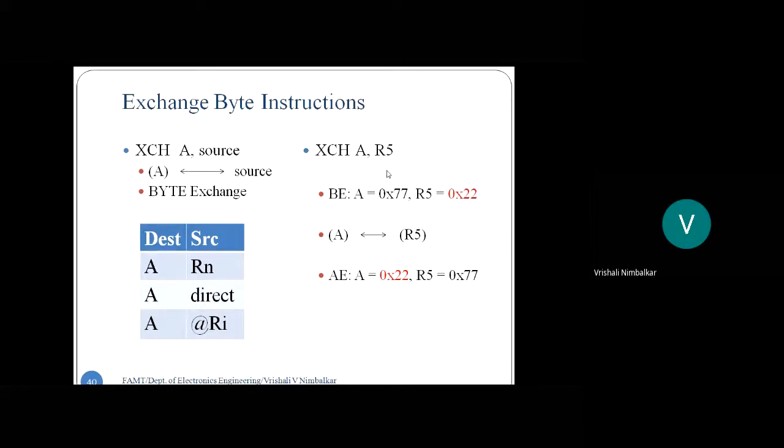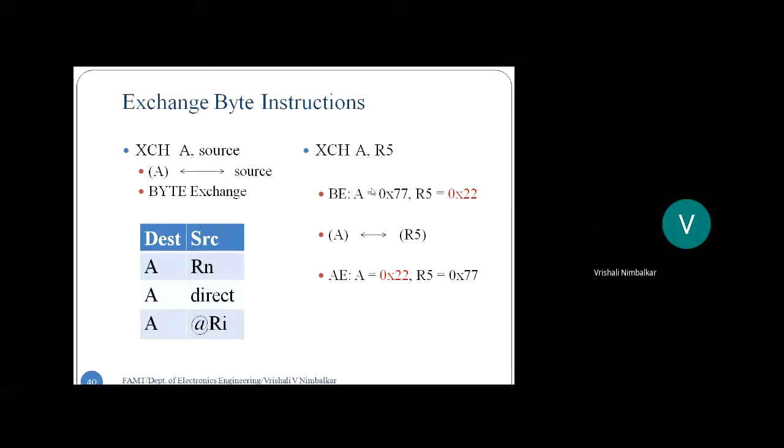Okay, so let us see one example. XCH A comma Rn. So I write a specific example. XCH A comma R5. That is, data from R5 and data from the accumulator are exchanged between them. So before execution, BE indicates before execution.